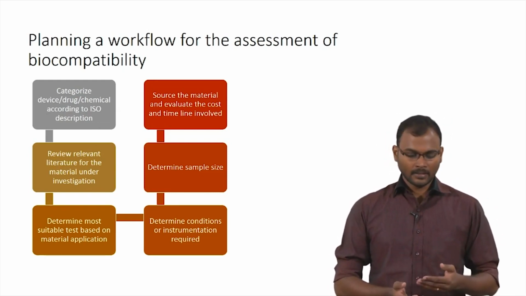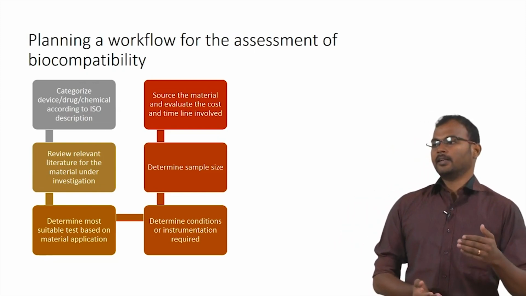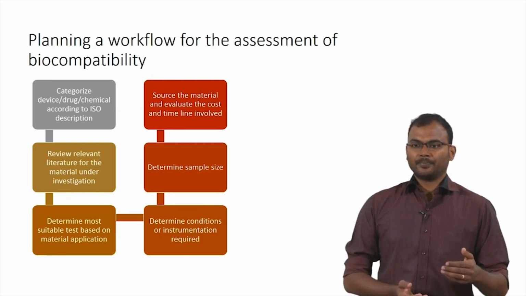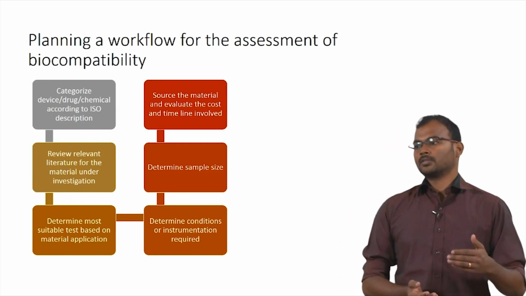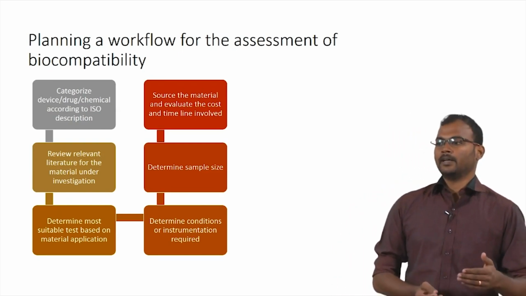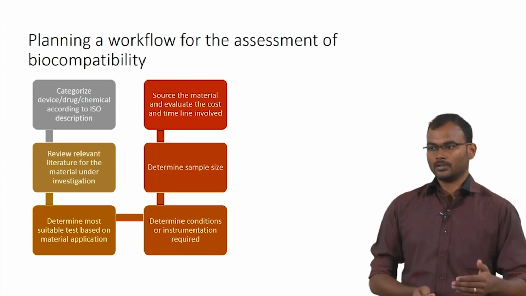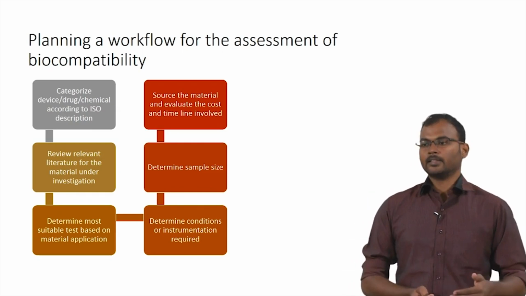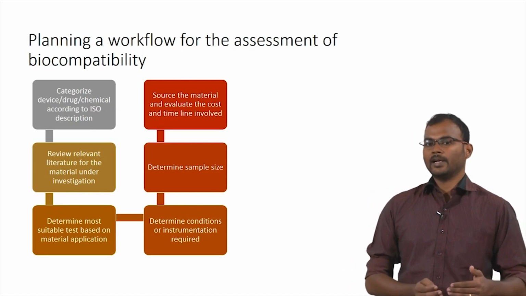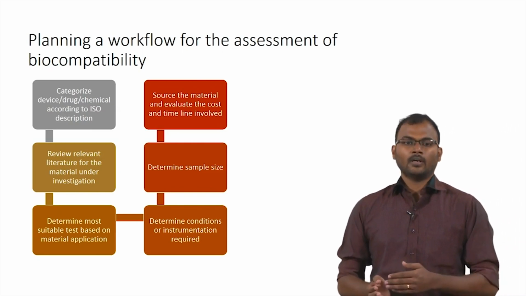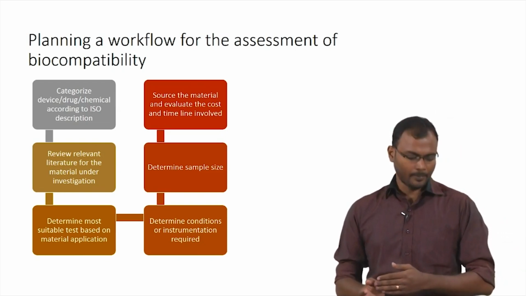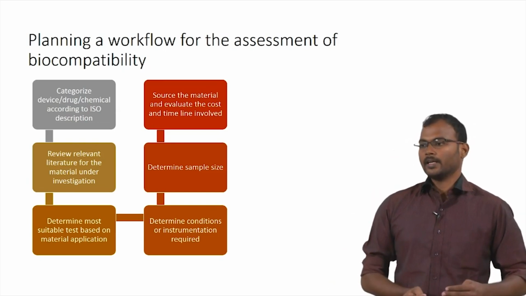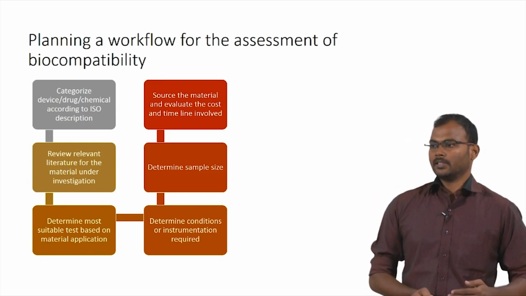Based on the application, there are a lot of standard descriptions already given by ISO, ASTM, and FDA. Those bodies have standard protocols, and you have to do all those tests. Then, based on the relevant literature, you have to identify whether it will have the effect for your particular application. Then you have to decide the testing conditions and instrumentation needed.